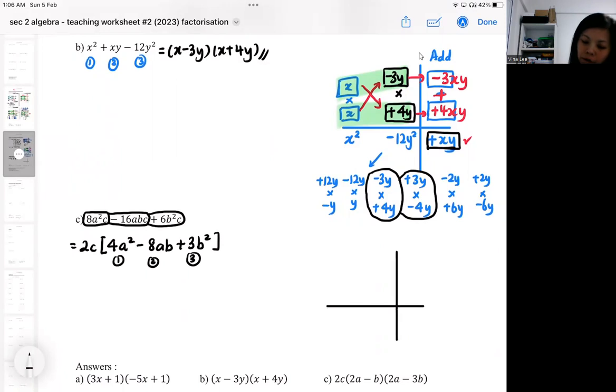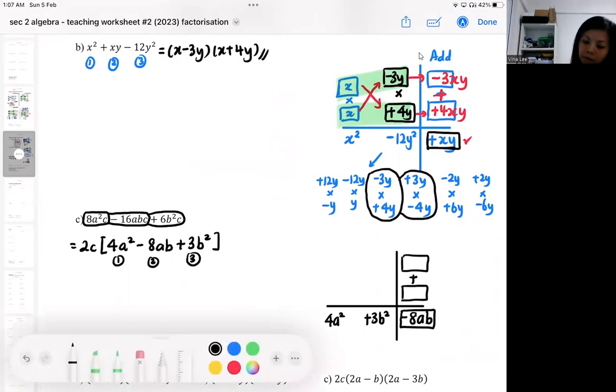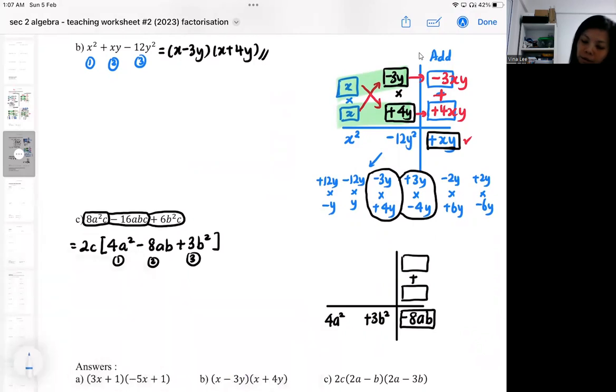Okay, I will arrange it in 1, 3, 2. So remember, this one is your checkpoint. So your objective is to get the minus 8ab. Okay, for 4a squared, we actually got 4a times a, or we got 2a times 2a.